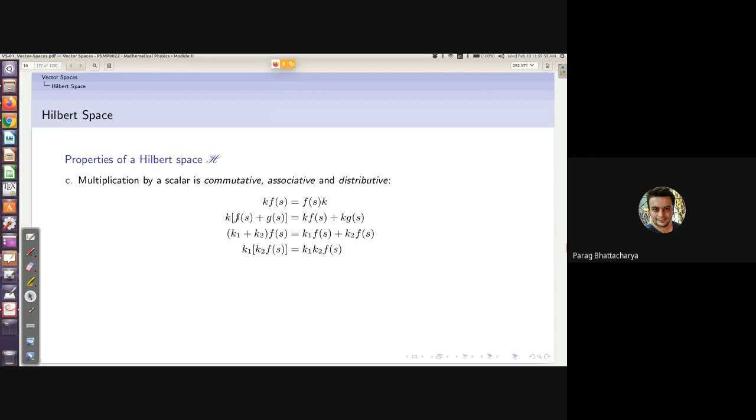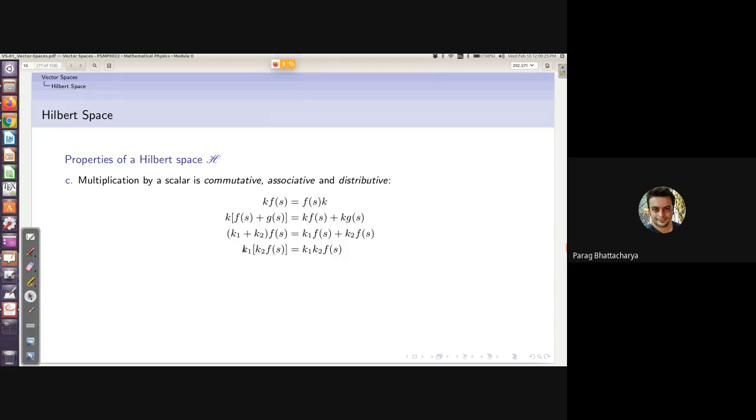Next, if I have two members of the Hilbert space and I take the sum of these two and then multiply by the constant, that is the same as first multiplying the constant and then taking the sum. Next, let's say I'm having two constants and one vector from the Hilbert space. If I add the two constants and then multiply, that is the same as first multiplying the two constants and then adding them together.